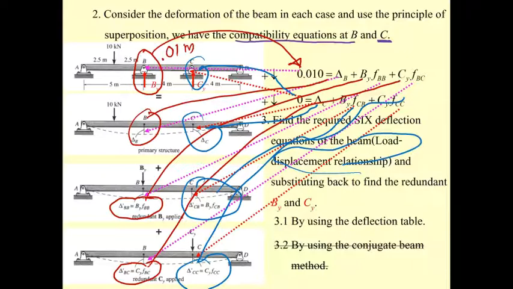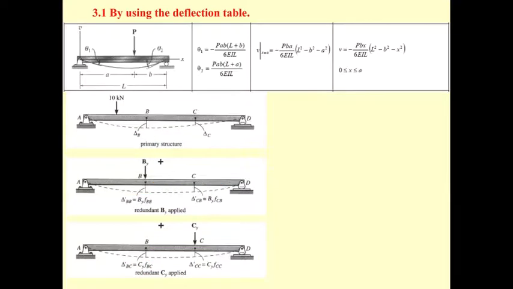You may use the deflection table to determine the deflection, or you may use the conjugate beam. Now, since it's a really complex one, just use the deflection table. For the deflection table, it's kind of opposite.